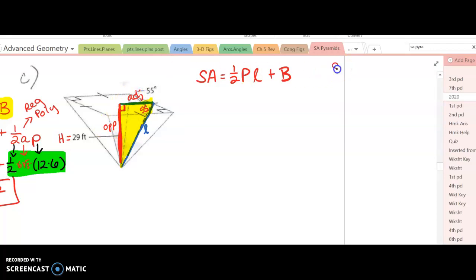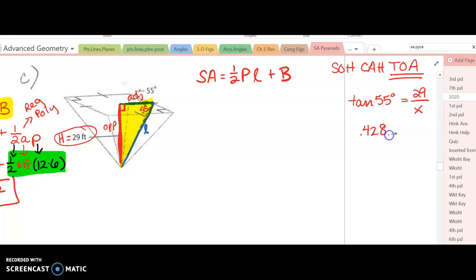So if I do TOA, that would be tangent, which is opposite over adjacent. So I'm going to do tangent of 55 degrees equals opposite, which I know to be the 29, over my adjacent, which is that green piece. I don't know what it is. So I'm going to go to my calculator. I'm getting for tangent of 55, 1.428.